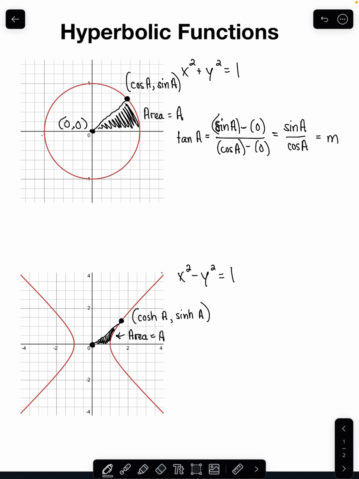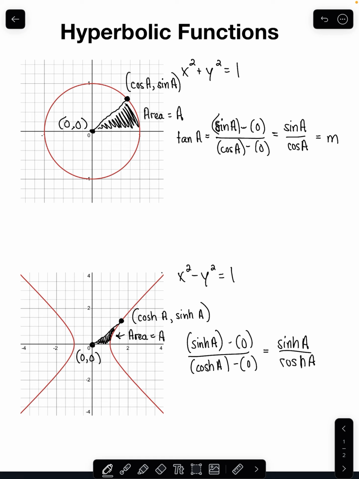Well, this is no different in the hyperbolic function, because we still have a line segment with an endpoint at 0, 0, and the other endpoint at hyperbolic cosine of a, comma hyperbolic sine of a. So again, if we were to take the slope of this, it would be the hyperbolic sine of a minus 0 over the hyperbolic cosine of a minus 0, which would give us the hyperbolic sine of a over the hyperbolic cosine of a.